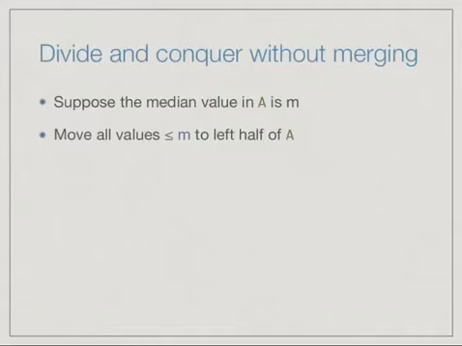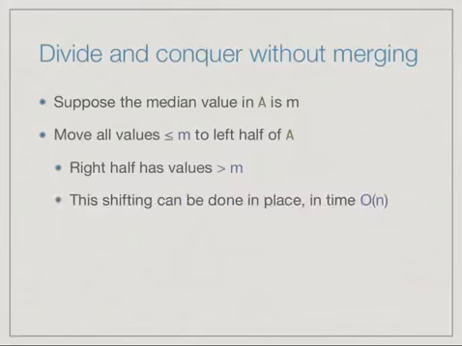We could move all the values smaller than the median to the left half and all of those bigger than the median to the right half. As we will see, this can be done without creating a new array in time proportional to the length of the list.